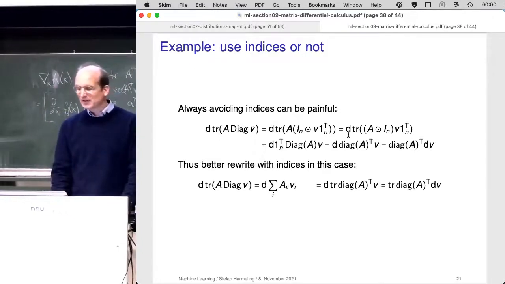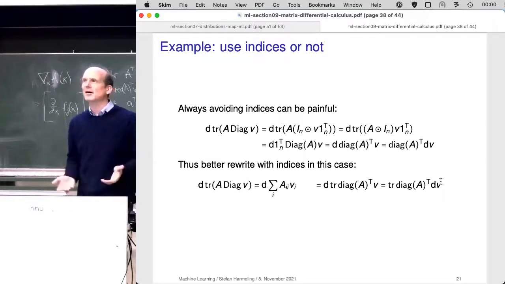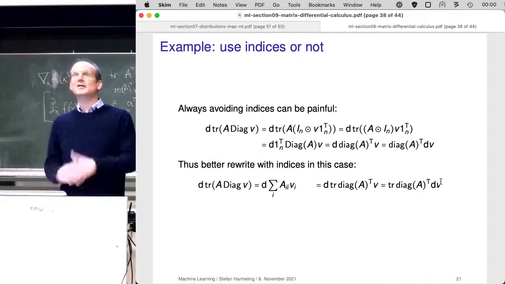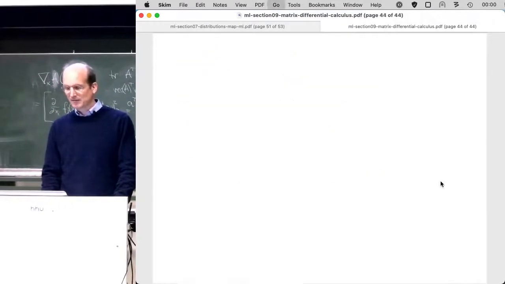If you do it without indices, you can do it, but you need some of the super tricks from the slides before. If you do it slightly differently, like this, and rewrite this trace of A times diag(v) in a clever way, the derivative gets much easier. So you shouldn't be dogmatic about not using indices, but there are situations where you will get stuck with indices and where this differential calculus will give you a solution.